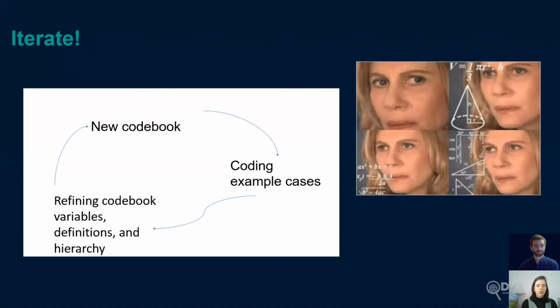We wanted to make sure that our code book applied to as many different types of political disinformation campaigns as possible. So by doing example data sets and refining our code book, we were able to come up with new variables, change definitions that weren't working, and figure out what was too time consuming and too granular and what was too broad and too vague to apply.